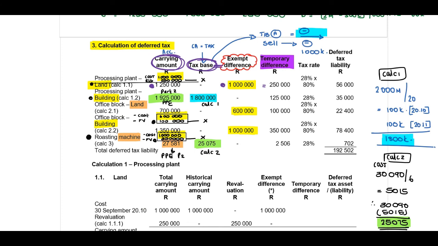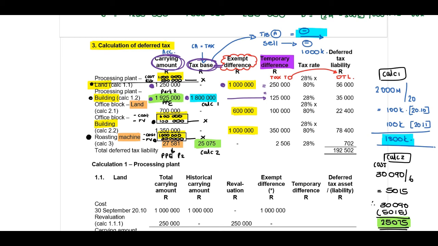The same with our building, 1.950000 minus 1.8, and this is 1.250000, and so forth. Now, what I want you to be able to identify from this is that these are all taxable temporary differences. Therefore, a taxable temporary difference will result in a deferred tax liability. All of this is explained in that video, and these are rules that you need to study and know.